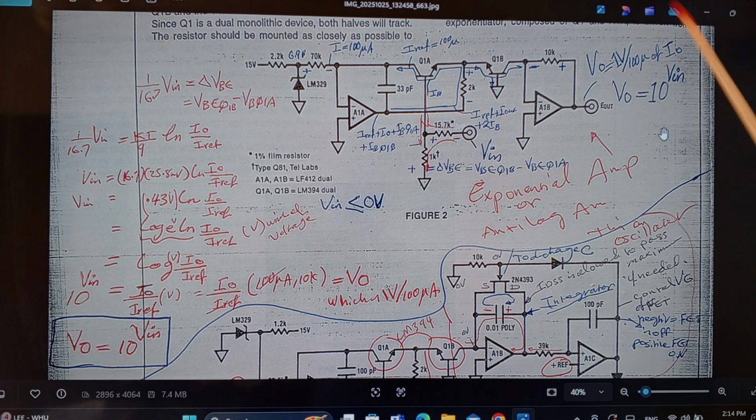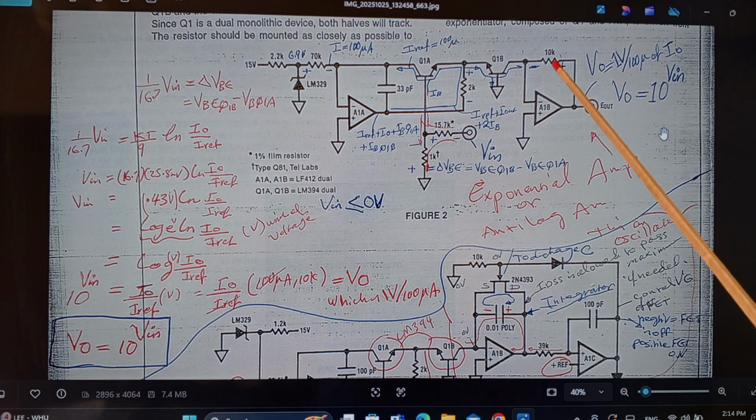And what else do we have? We have a Q1B in here. That one is responsible for generating a current that corresponds to the difference between Q1B and Q1A. I will discuss that further.